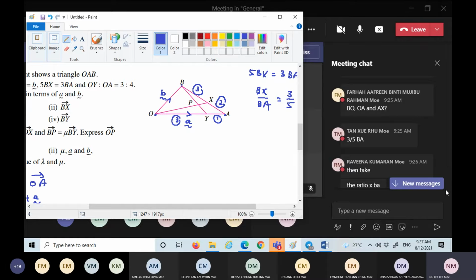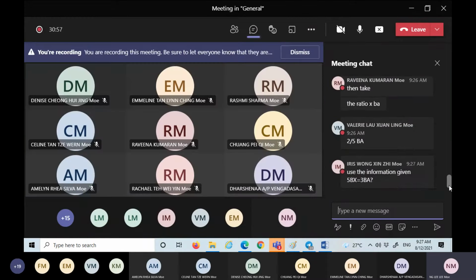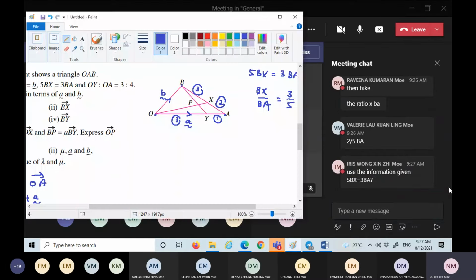Then take the ratio XBA. So the ratio of BA, which is what Cheryl says, is 3/5 of BA.